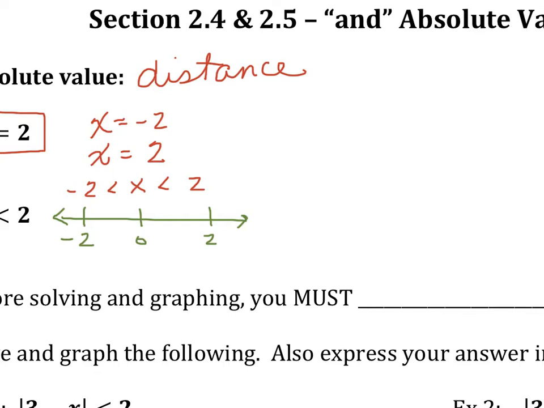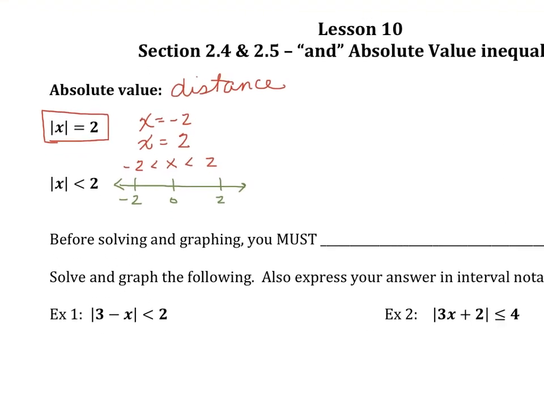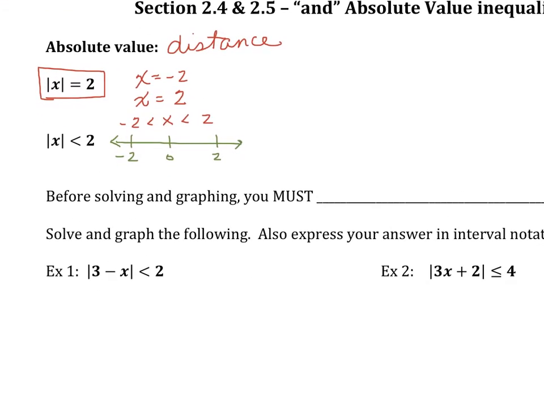So the same rule applies as before about the rules for solving and graphing. You still must solve for the absolute value. A good way to think about it is to get the absolute value alone.